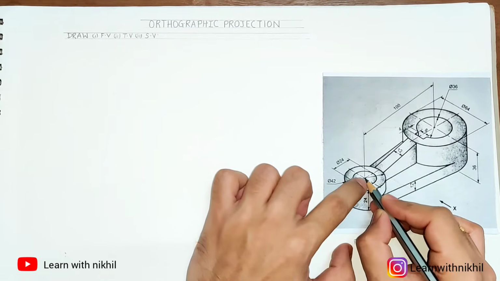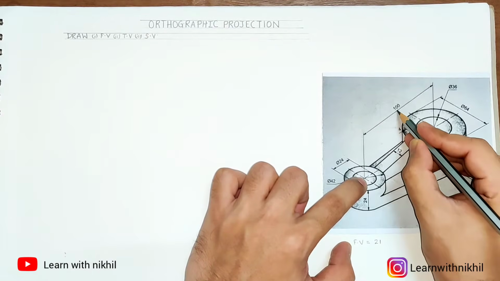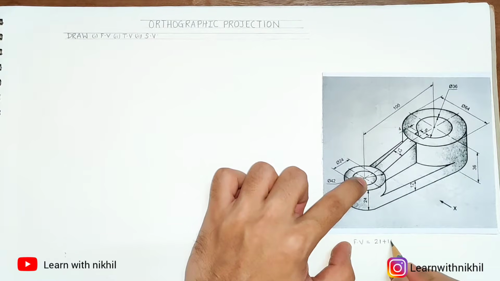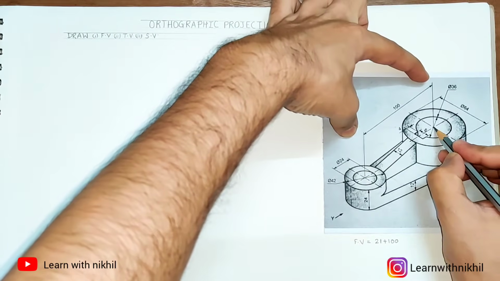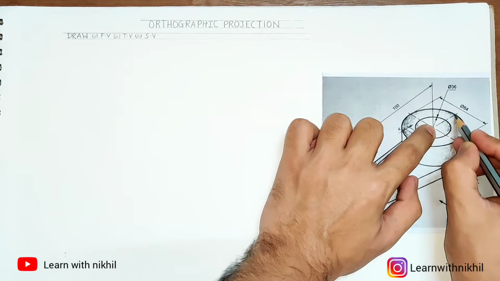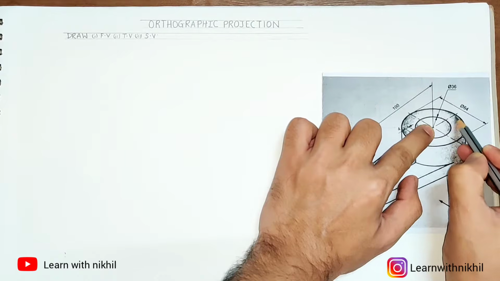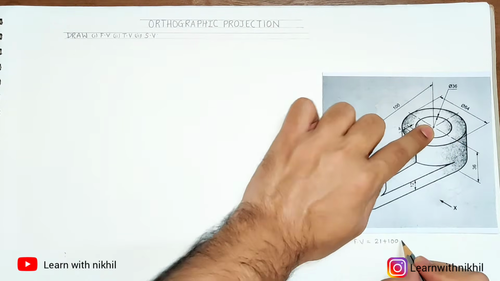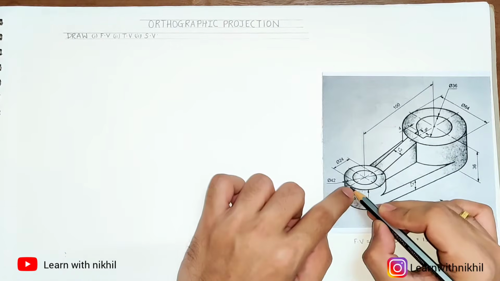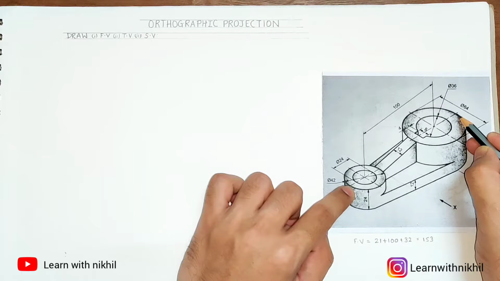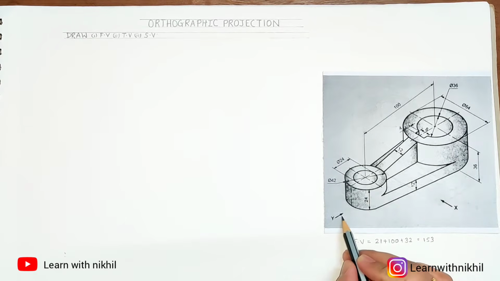Now the next distance, that is from this center point to the next center circle, the distance given is 100. So plus 100. And after that, from this center point, the next radius of the outer circle, that is the diameter given is 64. So the radius of the outer circle will be 32. So the total distance of the front view will be 153 millimeter. So the space required to draw the front view width wise will be 153.